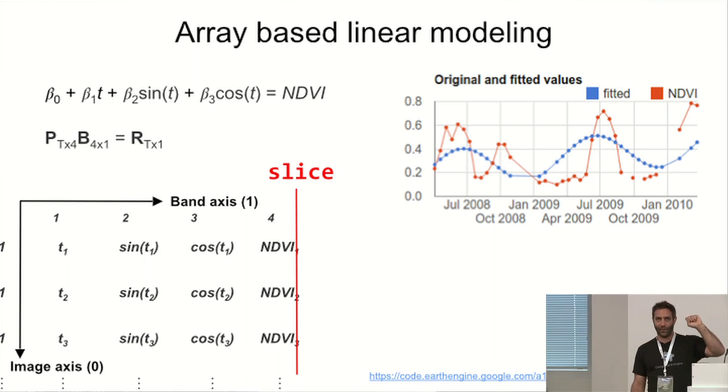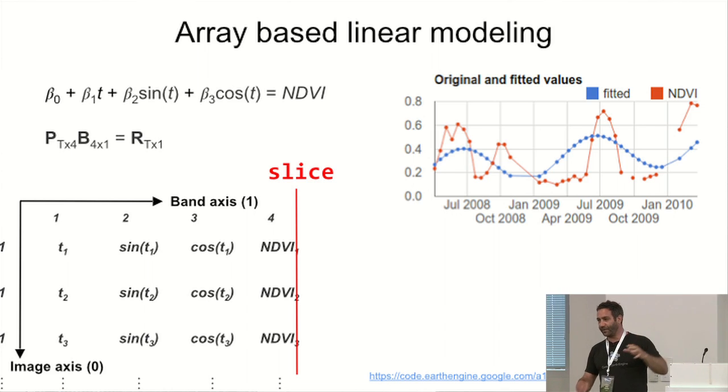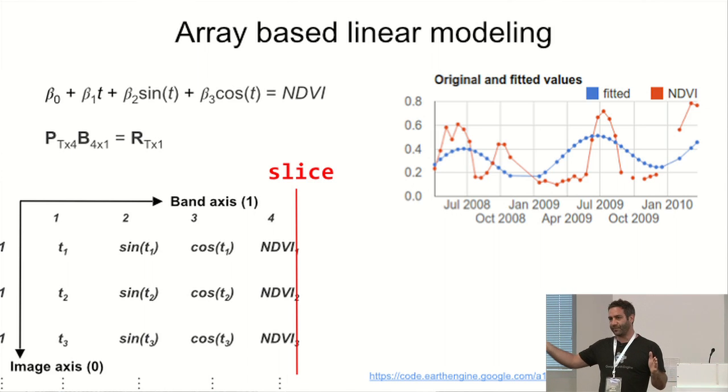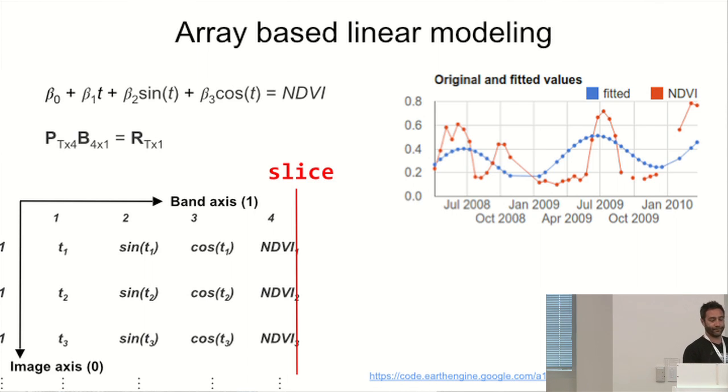So once we map a function over the collection to add all those bands, call toArray on the image collection, and slice it apart, we are then going to have the pieces of that equation. Recall that what we want to do is solve for B, or solve for the betas in this equation.